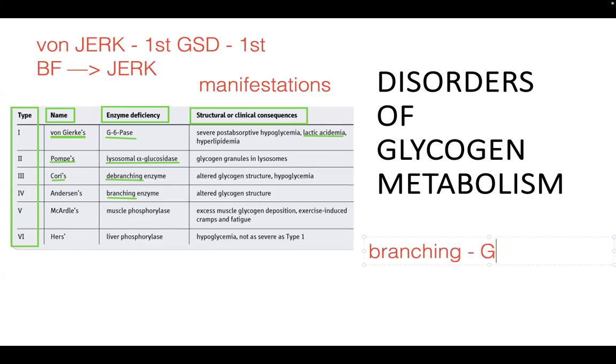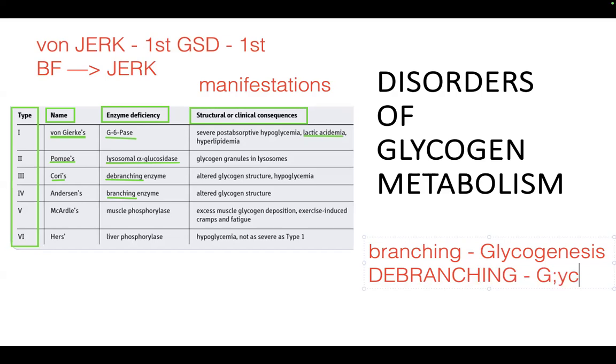You encounter the branching enzyme in glycogenesis. What about the debranching enzyme? Where do you encounter the debranching enzyme? You encounter the debranching enzyme in glycogenolysis, which is known as the breakdown of glycogen.